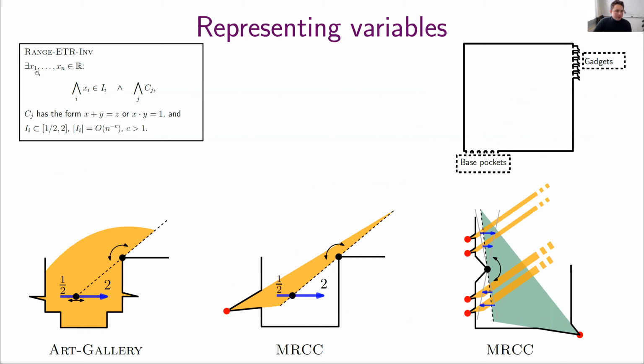Because we are reducing from this range EGR_inf, where we have real variables, we need to find a way to represent real variables geometrically.